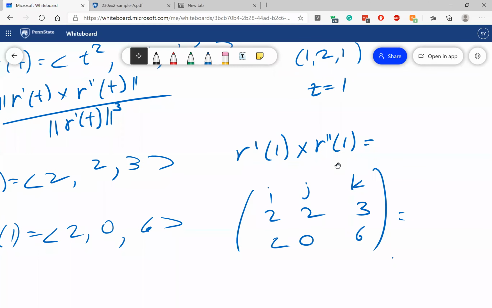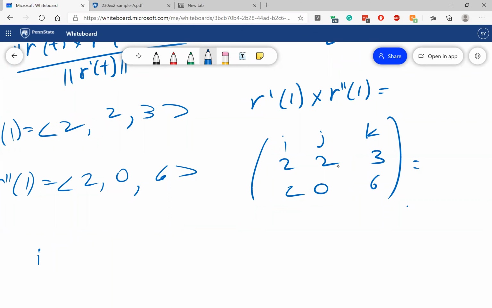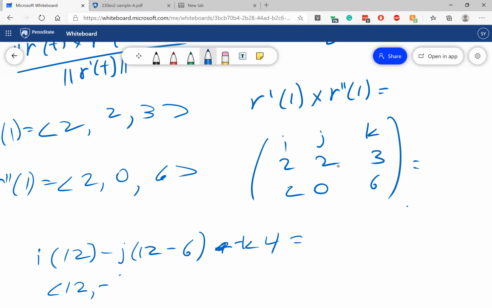So this is going to be equal to i times 12, minus j times 12 minus 6, plus k times minus 2, so minus 4. And so this is going to be 12 and negative 6 and negative 4.